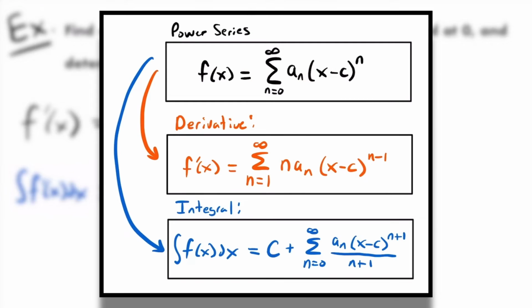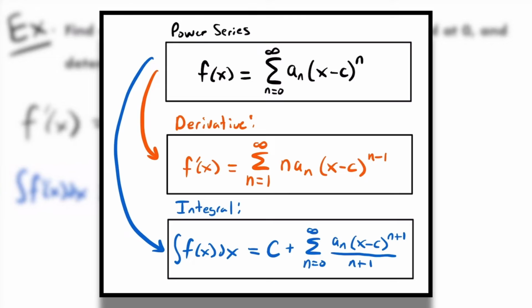And then one other thing to note about integrating a power series is that you can't forget to add that constant of integration that's necessary whenever you integrate, right? So typically you would add plus c on the end of whatever you're integrating, but in this case that c only needs to be added one time. It doesn't need to be added to every single term of the series, so I just write that on the outside. We have that constant of integration c plus the integral of the power series, okay?